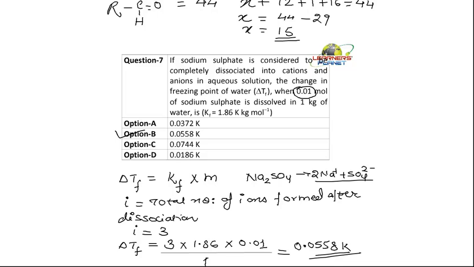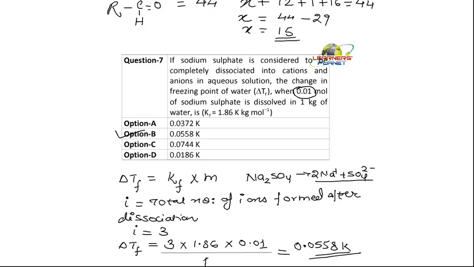So students, do remember that. First find out whether the solute which is added is undergoing association or dissociation. Okay, and if it is partially dissociated, there will be a degree of dissociation, that is alpha.